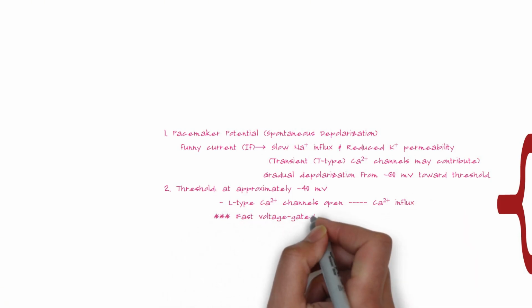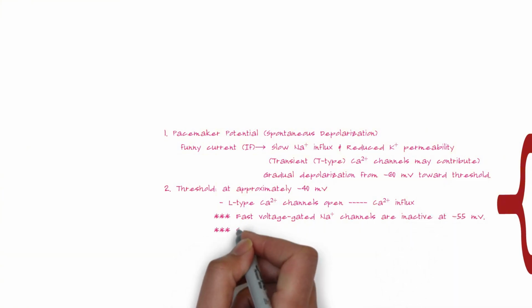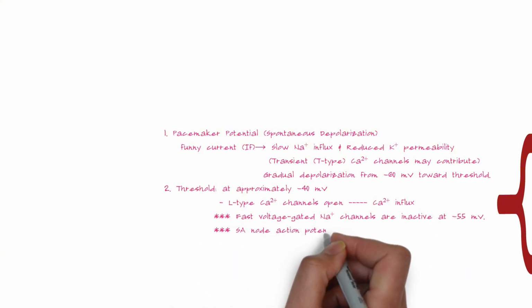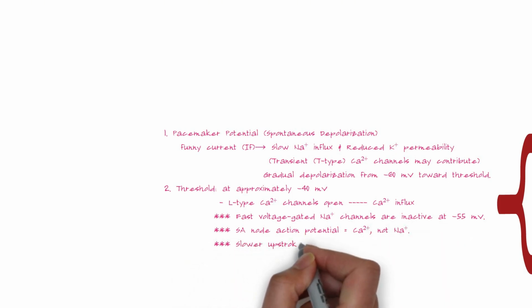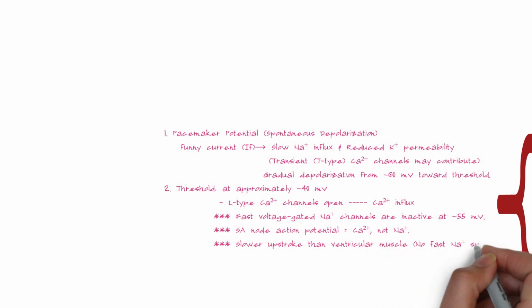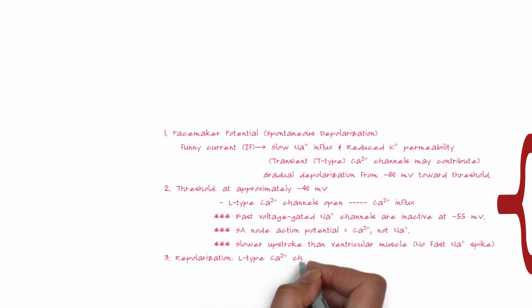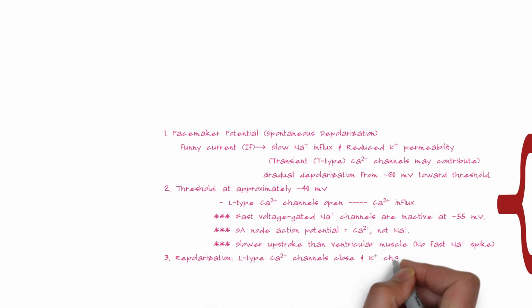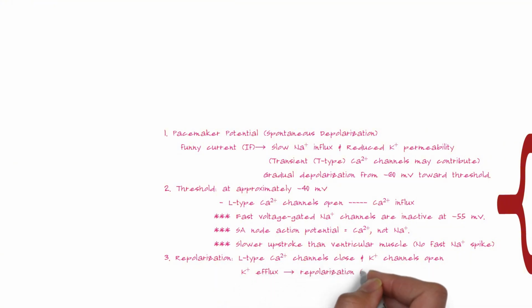Remember that the fast sodium channels are inactive when the potential is minus 55. That's to say the action potential, or the depolarization, is dependent on calcium and not sodium in the SA node. The upstroke is also slower when we compare it to the ventricular muscle depolarization.